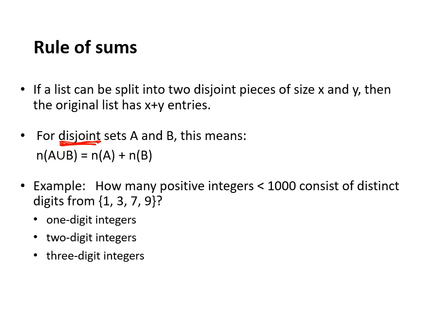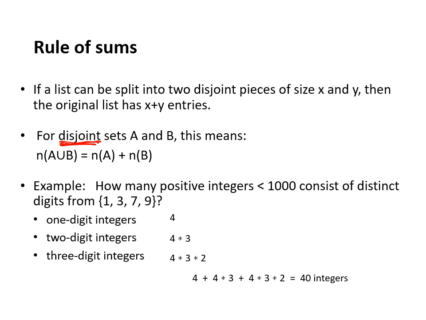Here's an example. How many positive integers less than 1,000 consist of distinct digits from this set 1, 3, 7, 9? Note that we have to think about all integers from 1 to 1,000. So we'll have 1-digit integers, 2-digit integers, and 3-digit integers. 1-digit integers is easy.